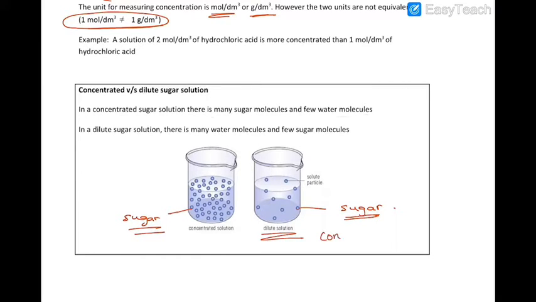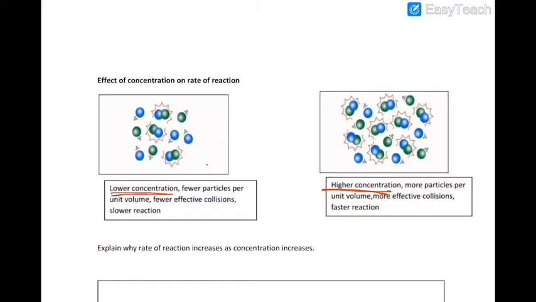Here concentration is low, as compared to here where concentration is high because you have lots of sugar particles and a small amount of water particles, concentrated and dilute. So the concentration gives you an idea of how many particles are there in a certain volume. The volume is the same in both solutions, but here you have more sugar particles.